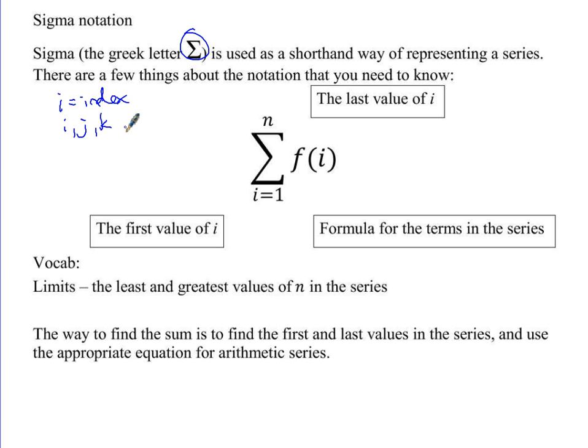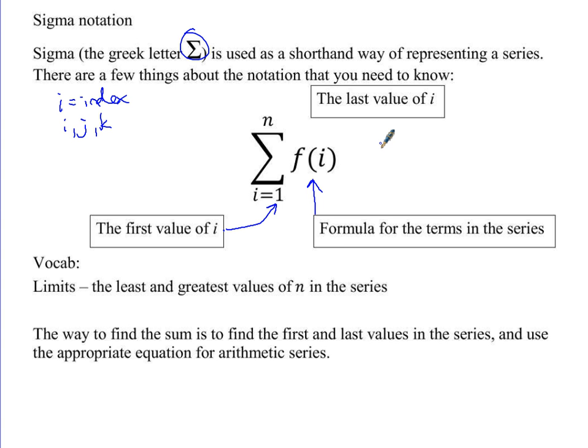First of all, I is the index, and the first value of I is that number right there. So our term 1, if you want to think of it that way. It doesn't mean that the first term in the series is 1, it just means that it's our first number. The formula for the terms in the series is sitting right there, and notice it's written in function notation, f of I. You could have an entire function in there.